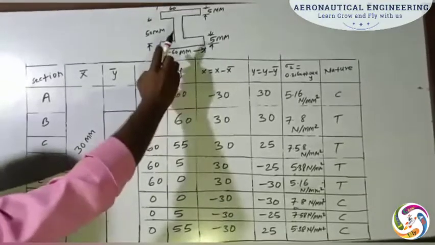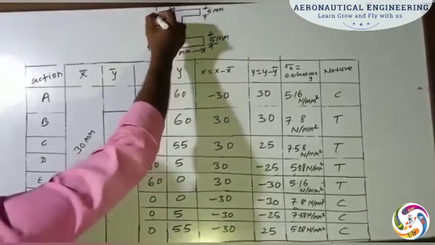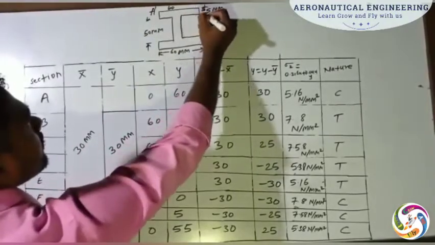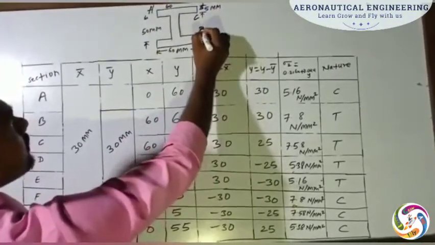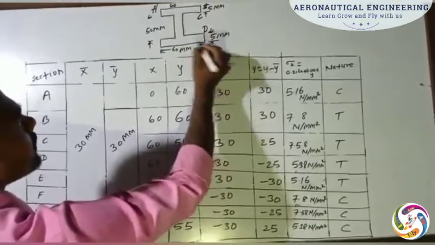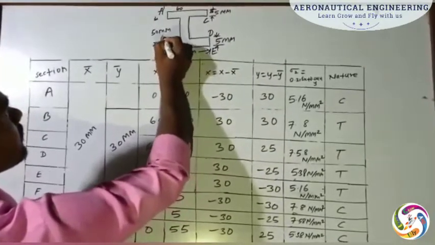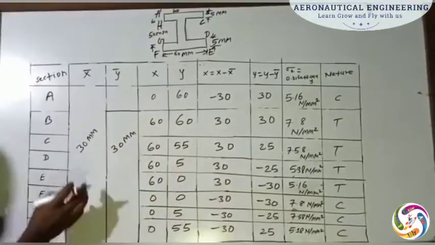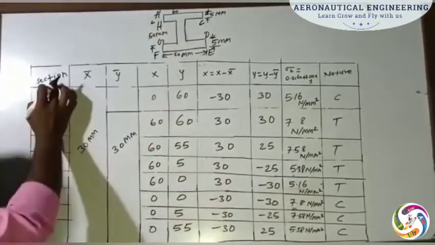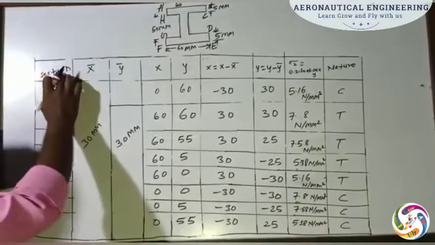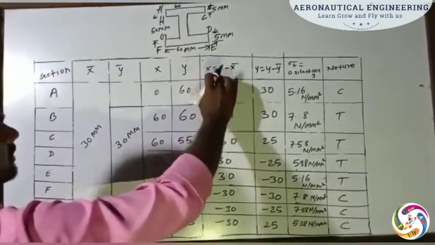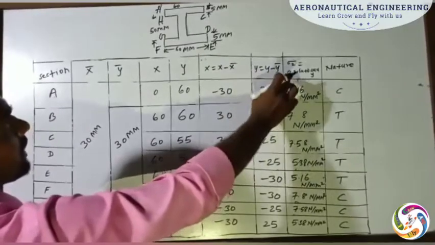Now naming each corner of the given section, I am naming it as A, here B, here C, D, E, F, G, H. Now we have to draw a table. In the first section, x bar, y bar, x, y, where x is equal to X minus x bar, y equal to Y minus y bar.